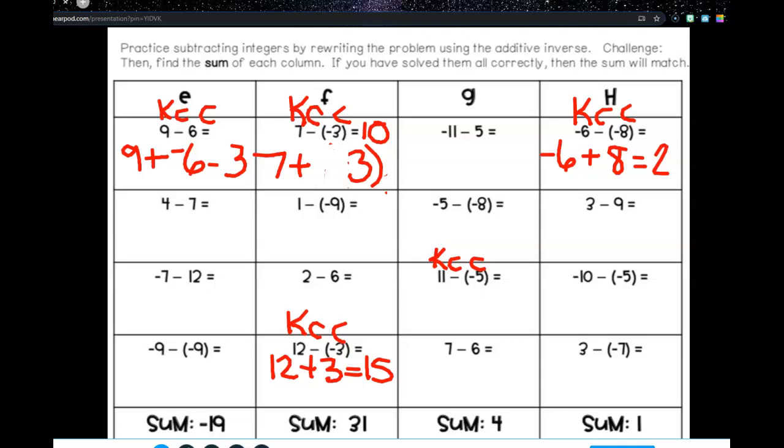I wrote KCC on top. What am I going to keep? 5. No, we're going to keep the 11. We're going to keep the first number. So I'm going to write 11. And then I have to change subtraction to what?